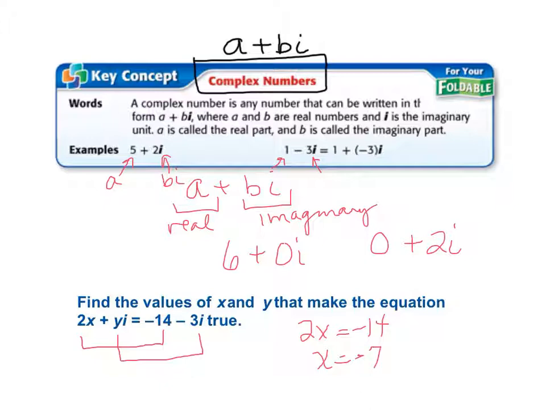So x equals negative 7. Negative 7 is a value that would make that true. So you put that in, negative 7, plus, and now I'm looking for something that's yi. Well, yi equals negative 3i, so y equals negative 3. And you can see that this would be for x and this would be y.